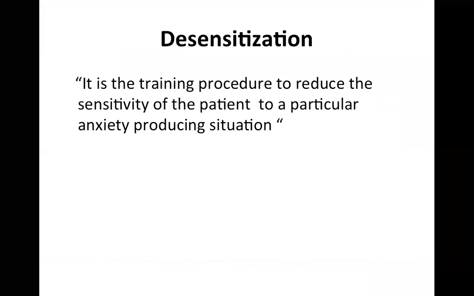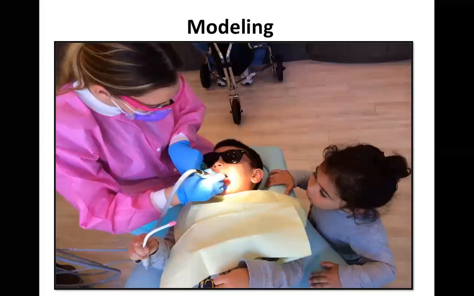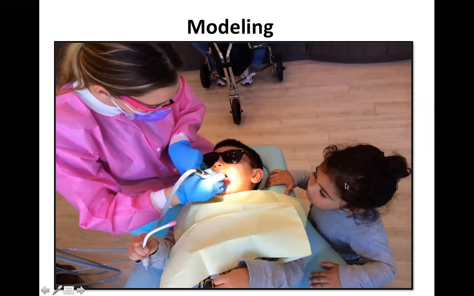Then desensitization. Desensitization is basically modeling. It's a training procedure to reduce the sensitivity of the patient to a particular anxiety producing situation. Like in this picture, the dentist is operating on a child that is very positive, and the little girl is watching the dentist and the child, and this is known as modeling, that the child is getting treatment and he has no pain, and this girl is getting prepared for the next appointment.